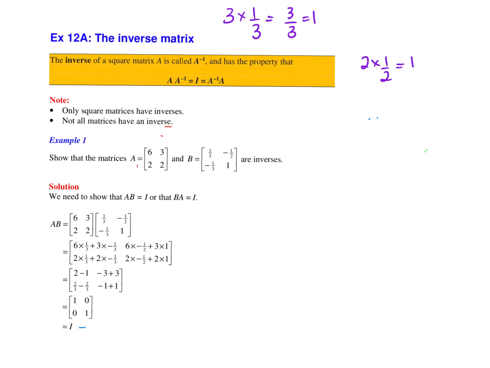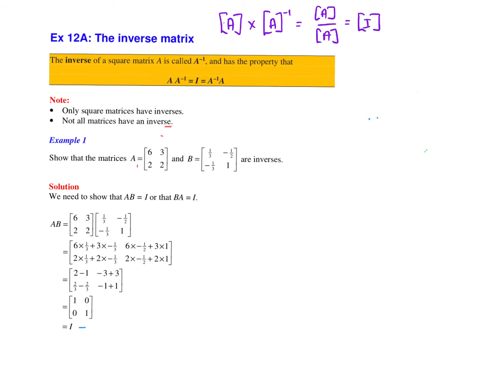It's similar with matrices: if we have matrix A and I times it by its inverse, it's really like saying A over A, and you'll end up with what we call the identity matrix, which is like the number 1. An identity matrix, remember, has to be a square, and we're going to see that. So this is the other important fact about inverse matrices.